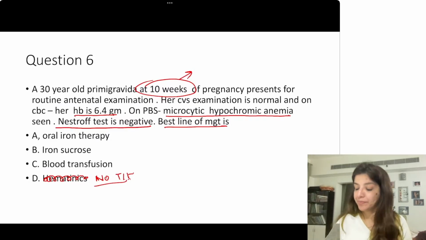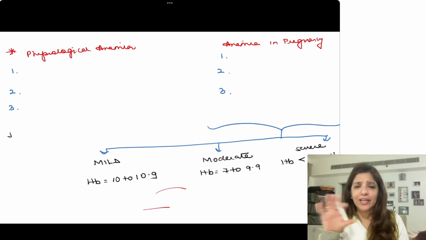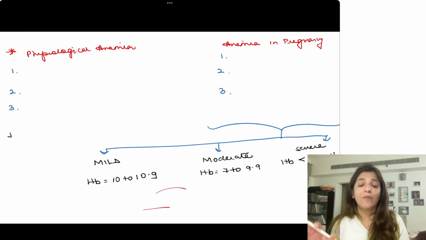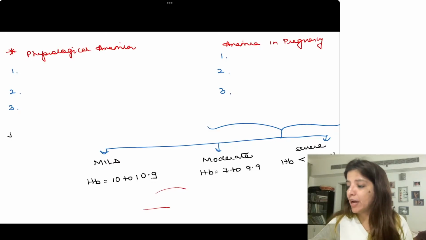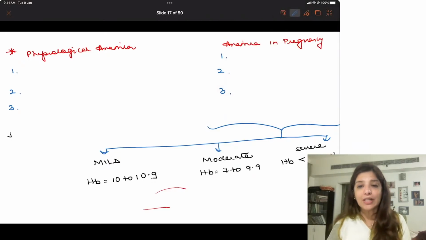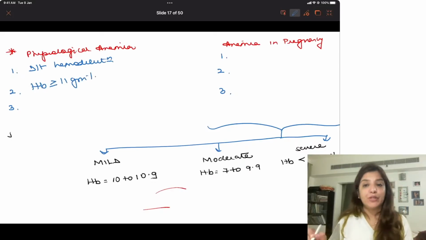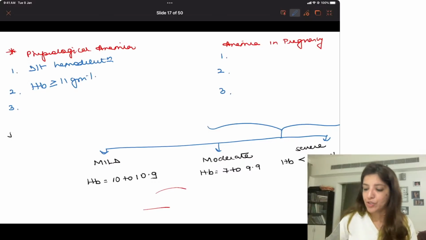Now quickly I'll take you through anemia. In anemia you have to remember physiological anemia and pathological anemia, that is anemia in pregnancy. Physiological anemia is due to hemodilution. Hemoglobin is always more than 11 gram percent. It is never less than 11 gram percent.